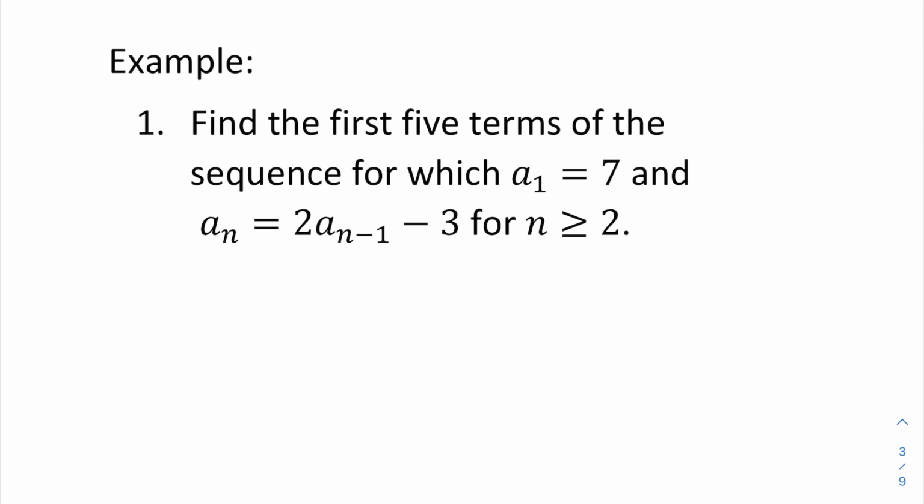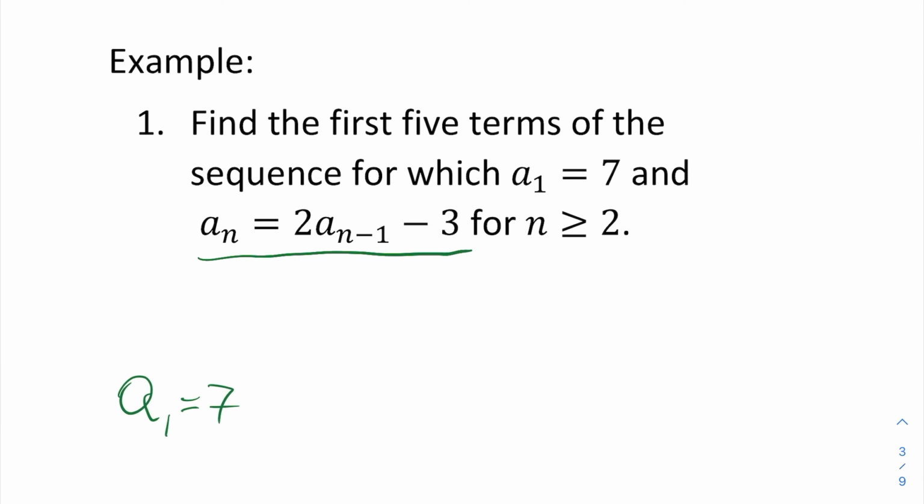It says find the first 5 terms of the sequence for which a1 equals 7. So they already gave me a1. They told me that a1 is equal to 7. So I just need to find 4 more terms. And then it says that an is equal to 2 times an minus 1, minus 3.